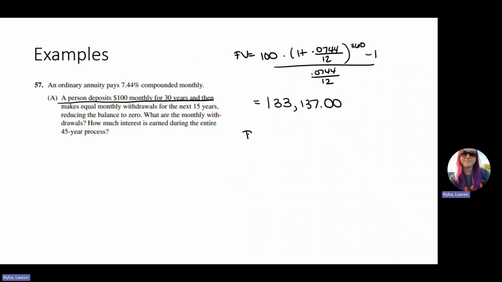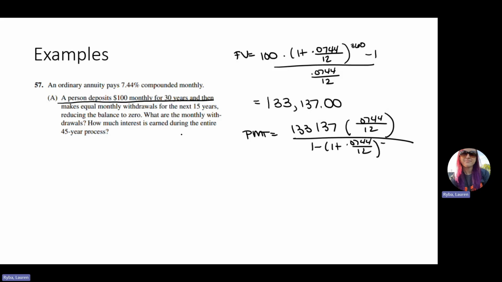I can find my payment by taking 133,137 times 0.0744 over 12, divided by 1 minus 1 plus 0.0744 over 12, to the negative exponent.